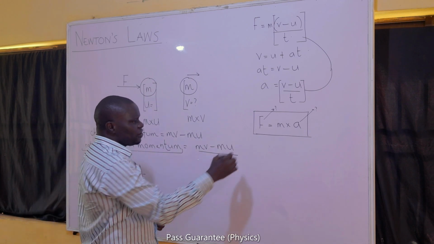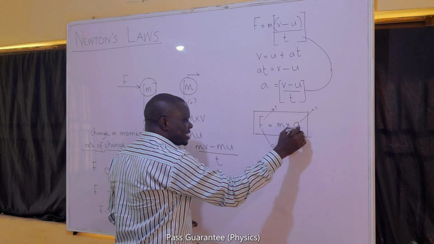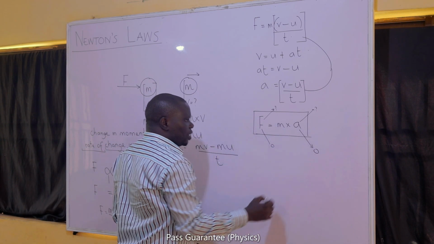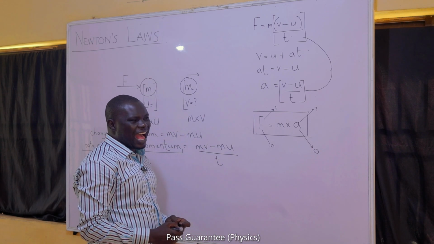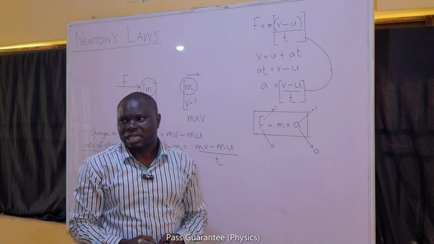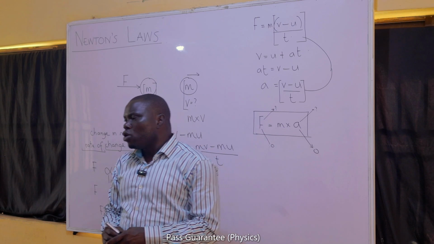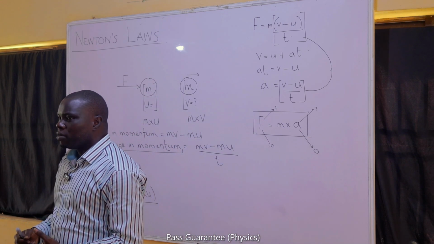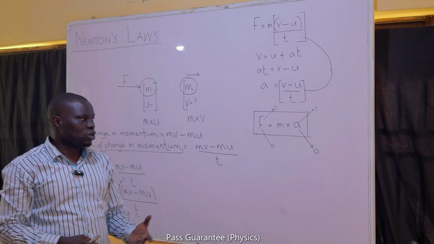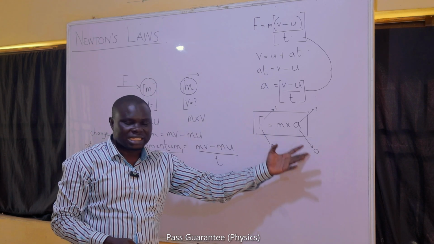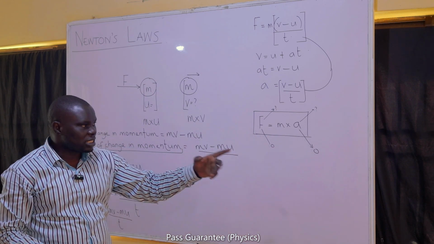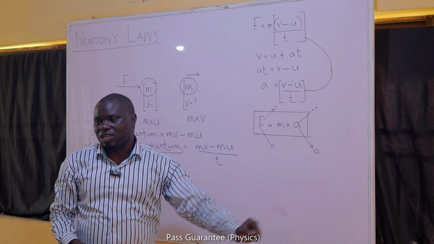That means if the force is 0, the acceleration must also be 0. Acceleration and force are like twin brothers. The two of them must always be involved in all problems. Whenever there is a force, there must be an acceleration, and whenever there's an acceleration, you can be so sure that there's a force acting on that object.